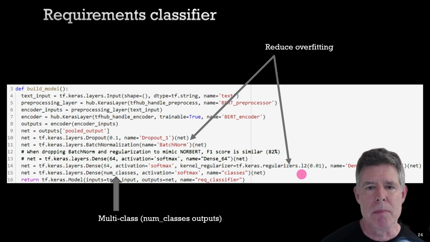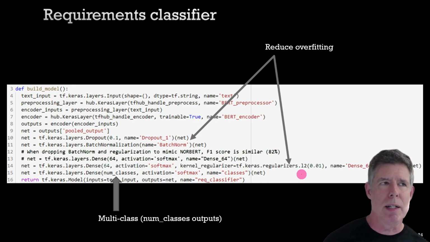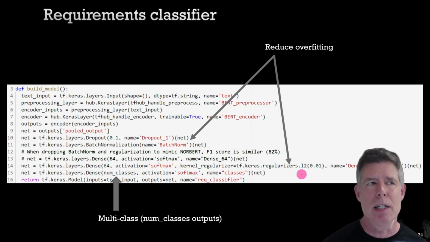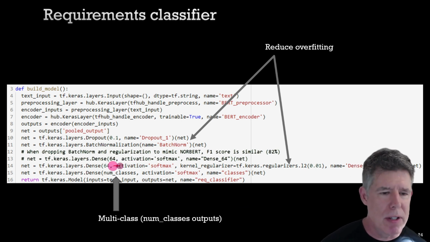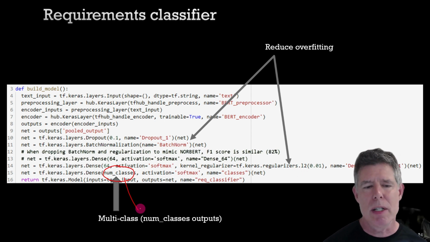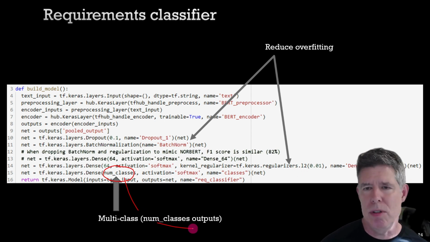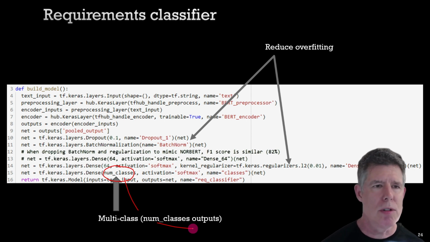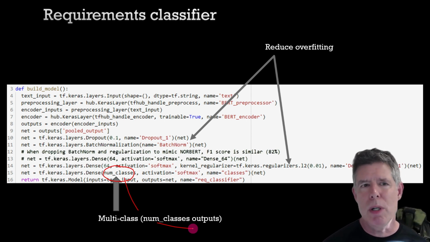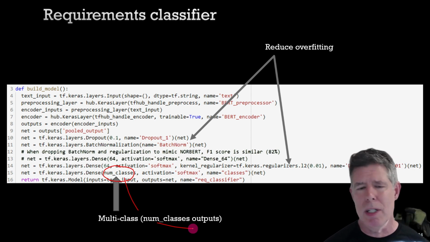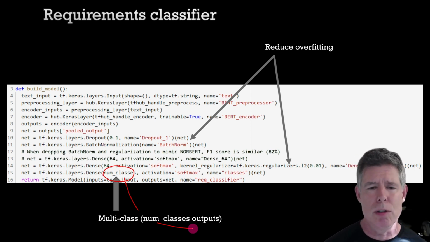So that's the idea. Right, so for the problem I have, duplicating the work of Hay and colleagues, instead of having only one binary classification output, we have multi-class. So this is the difference. So this will allow us to do multi-class classification. And then in addition, we want to reduce overfitting. This is a little bit different than the original.